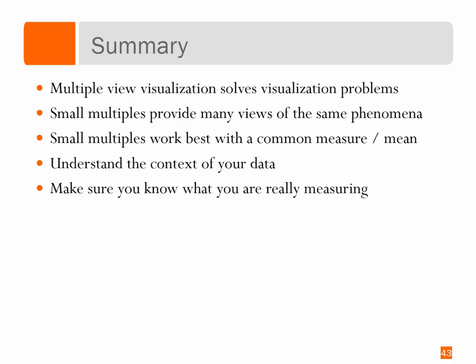So understand the context of our data. Make sure that we know what we're measuring. Again, don't just measure population. Create some ratio that gives us a sense of what the analysis is like for a day in the life of an individual that works for a company or that rides through a train station.